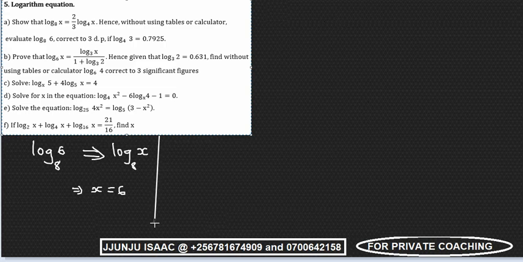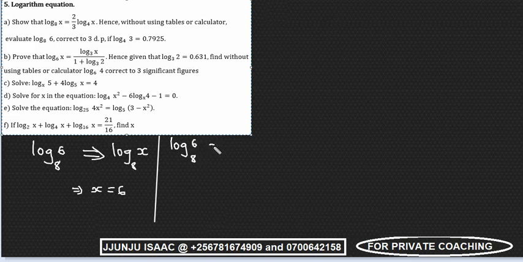Let's see. So this will be, if I substitute log base 8 of x is equal to 2 over 3. Now I'm going to use x as 6. So I'll get log base 8 of 6.